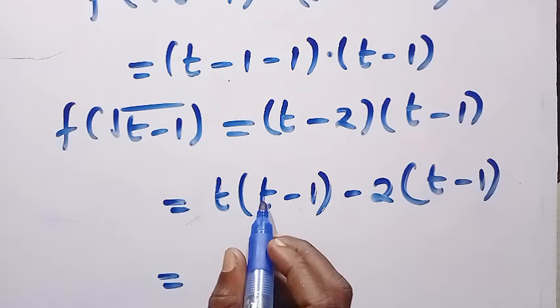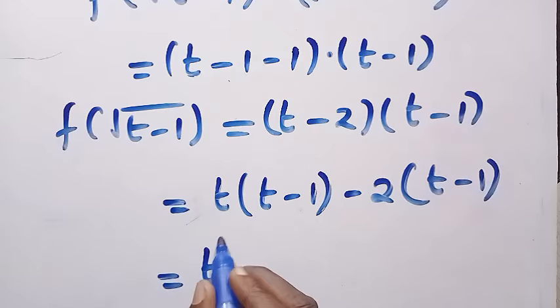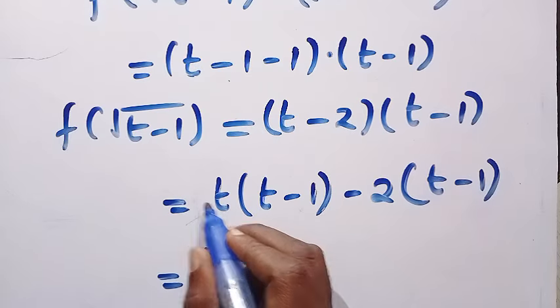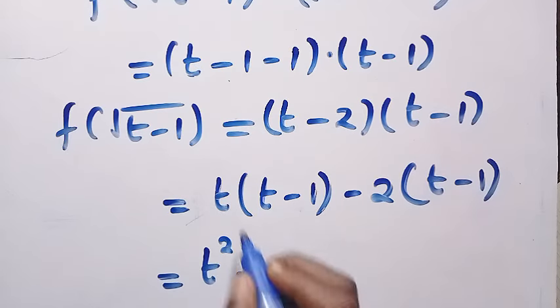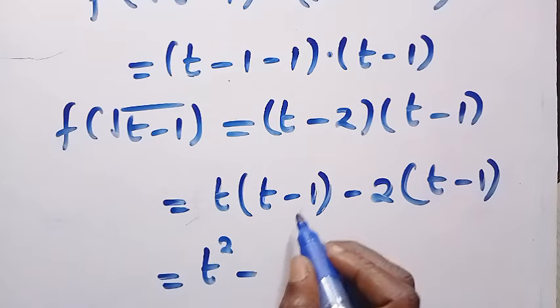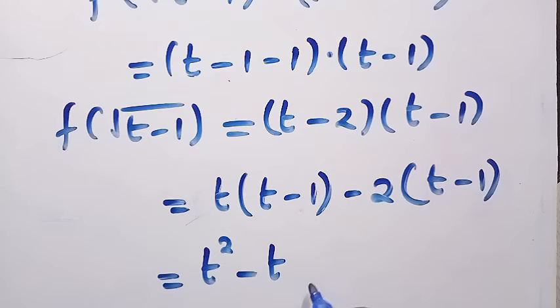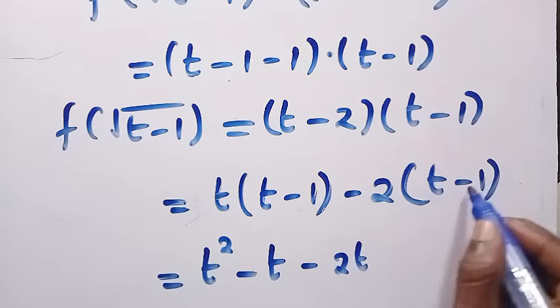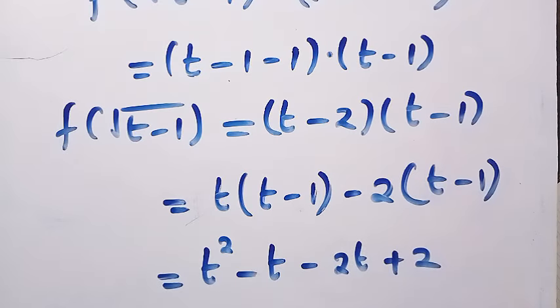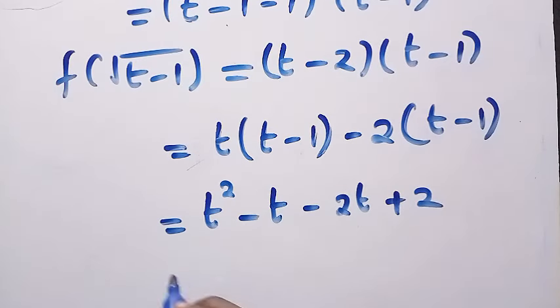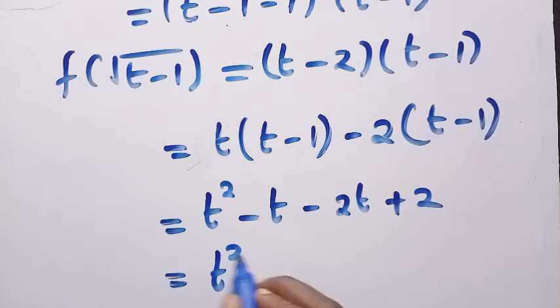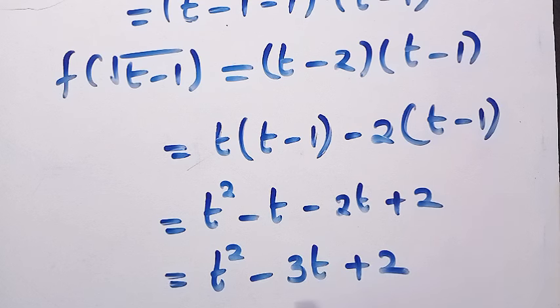When we multiply t by t, that is t raised to the power of 2. Then t times minus 1 is minus t, and we repeat the same process for minus 2t. Then minus 2 times minus 1 is plus 2. Here we are going to have t squared, then minus t, that is minus 3t, plus 2. This is the value for f of the square root of t minus 1.